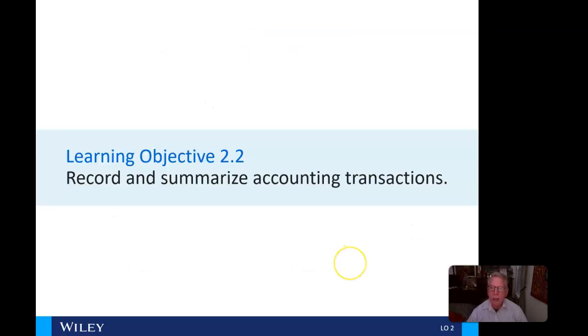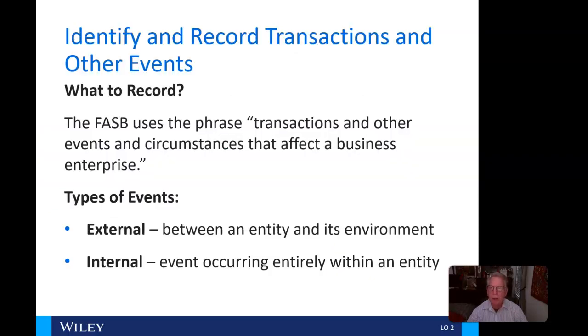Okay, let's take a look at how we record and summarize accounting transactions. So, what to record? The FASB, you'll remember that's the Financial Accounting Standards Board, uses the phrase transactions and other events and circumstances that affect a business enterprise.